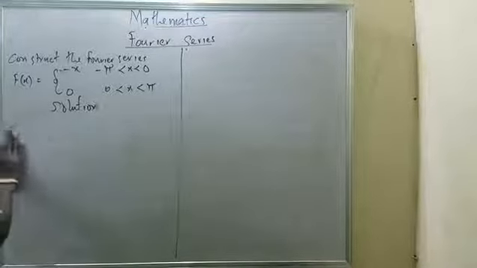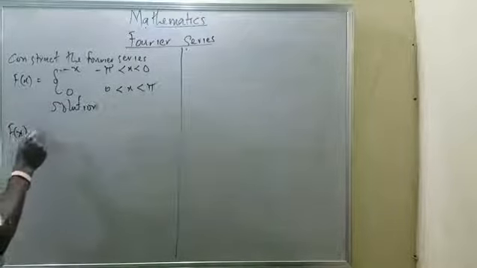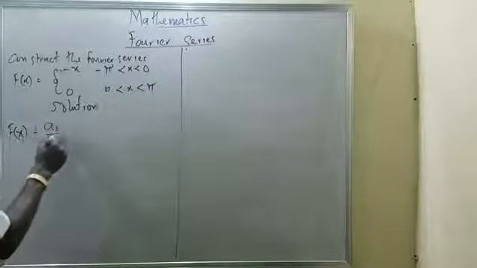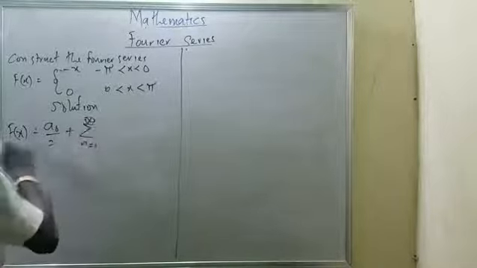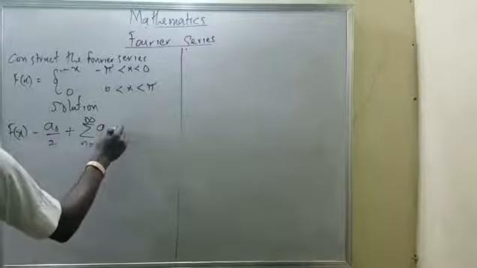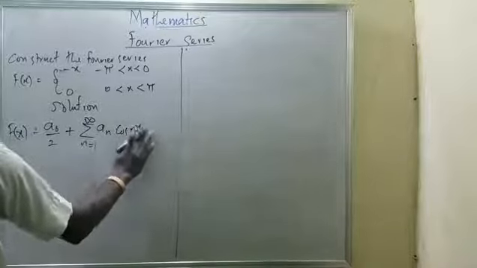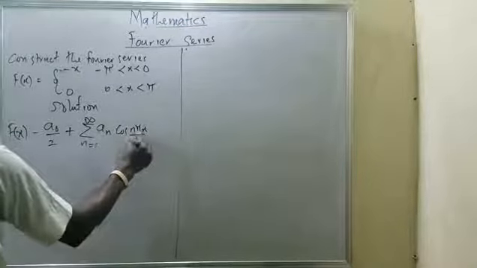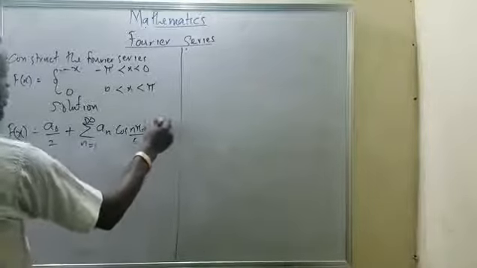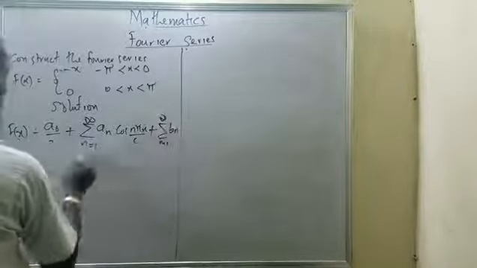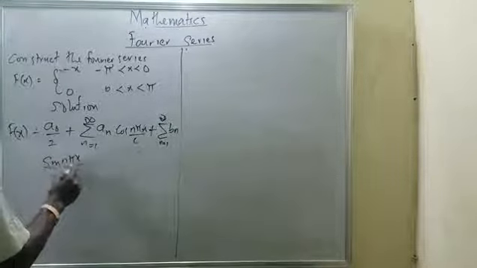Sorry, let me first show you what my Fourier series is saying. a naught all over 2 plus the summation from n equals 1 to infinity of a of n cos n pi x all over c, plus the summation from n equals 1 to infinity of b of n sine n pi x all over c.